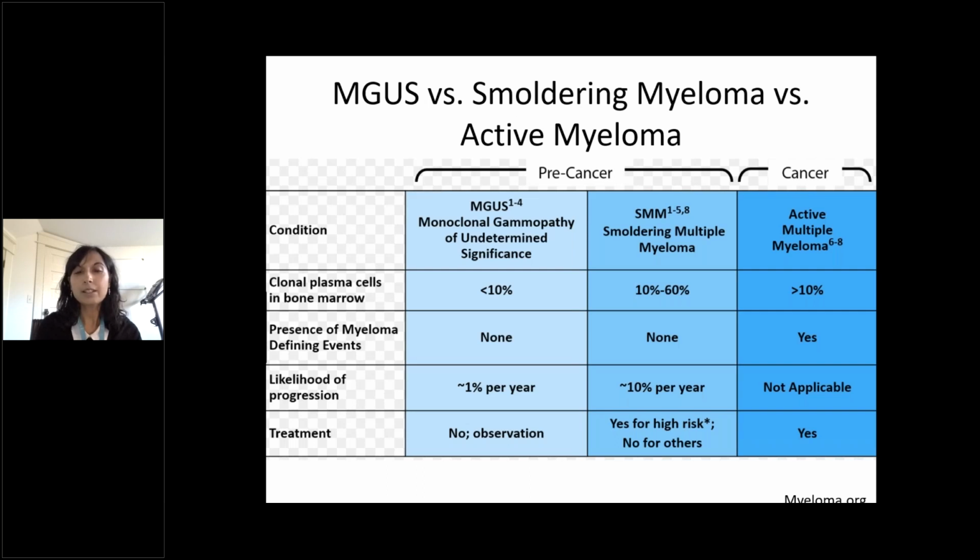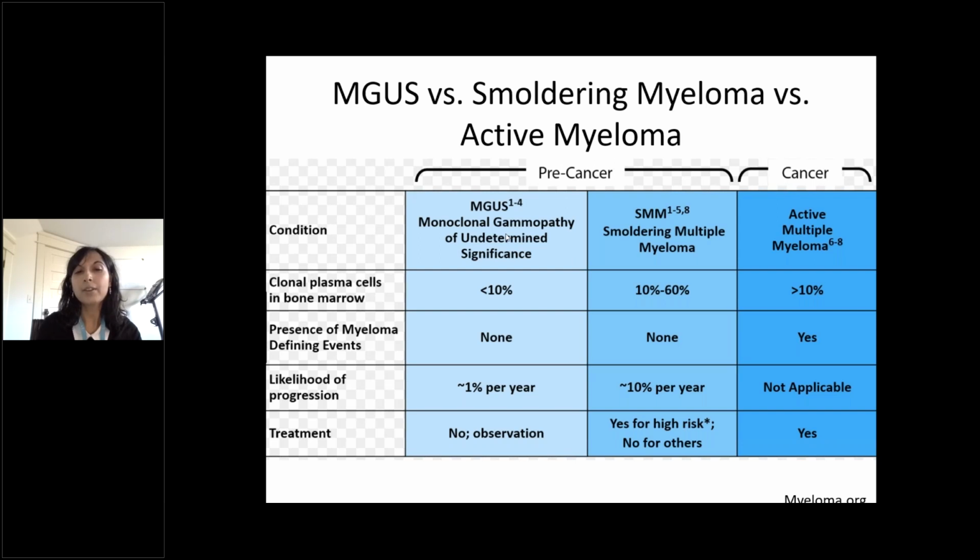So this is an important slide, just in context of the case that I presented. So there's active multiple myeloma on the end, but often there's a progression. So patients will often start off with MGUS, which stands for monoclonal gammopathy of undetermined significance.